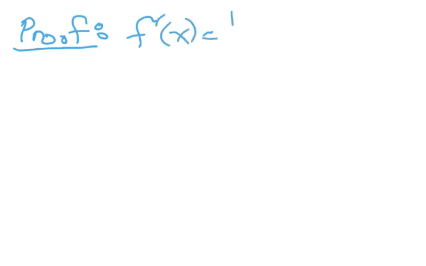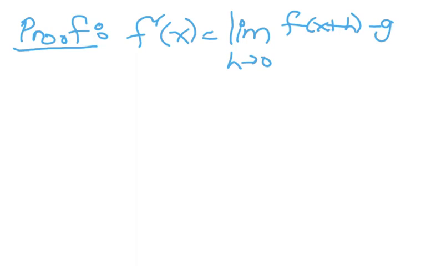In terms of a proof, once again, f prime of x is equal to the limit as h approaches 0 of f of x plus h minus f of x, all divided by h.